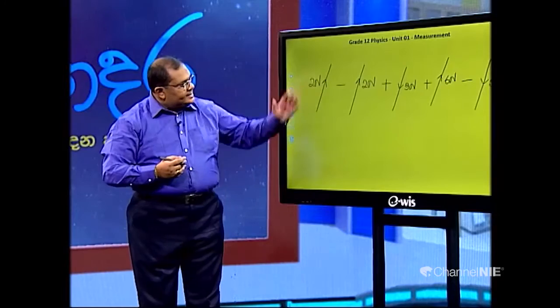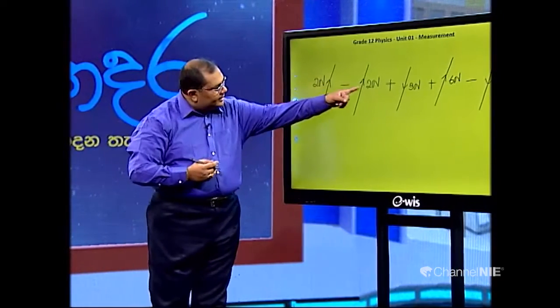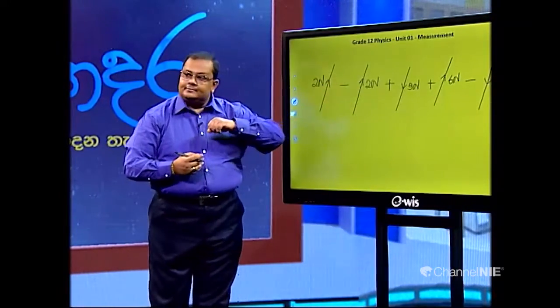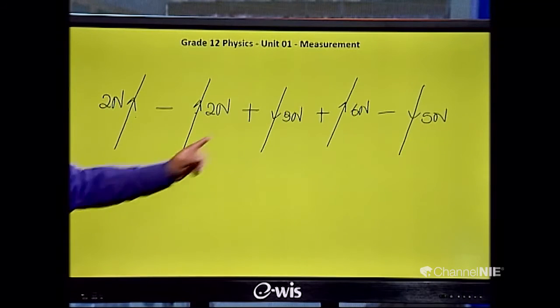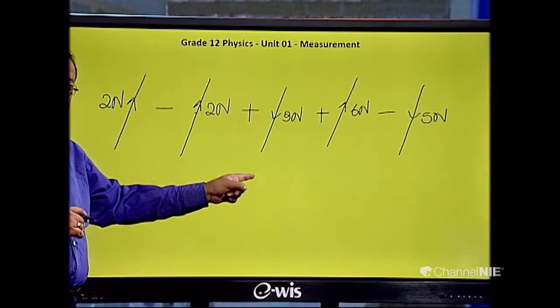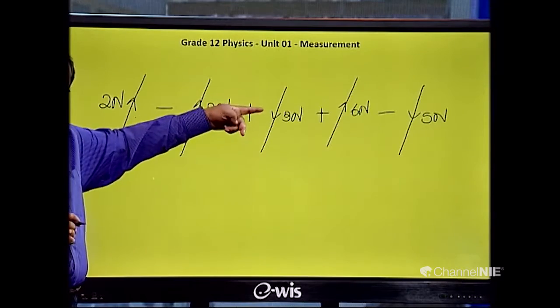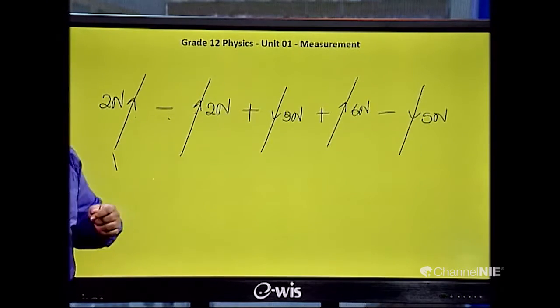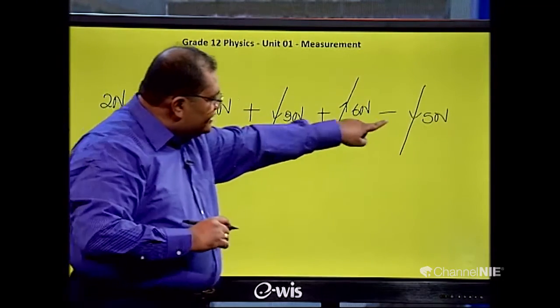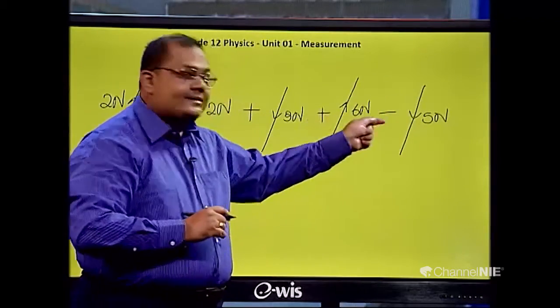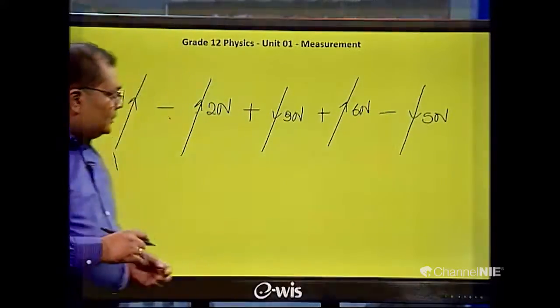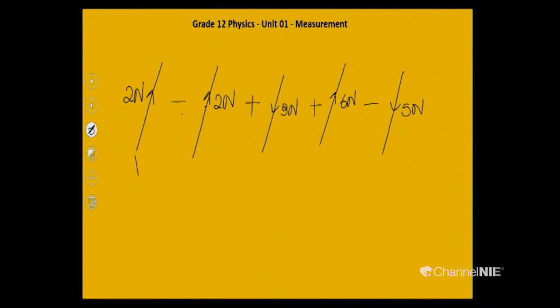Then we can see arrowheads, these are in the same way, then no need to change anything. But this one you can see downwards, then you can change that direction by adding an extra minus sign. Here also this direction you can change by adding an extra minus sign. Then I am going to draw after making them the same direction.